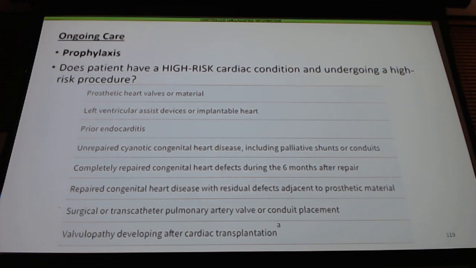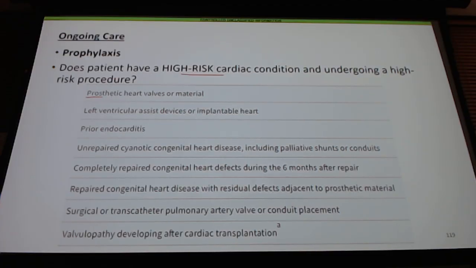And then we finished talking about infective endocarditis by talking about prophylactic antibiotic use, where there are certain people who are at higher risk of developing infective endocarditis. If they're going to undergo a high-risk procedure, such as dental procedures, then maybe they need to be on a prophylactic antibiotic.